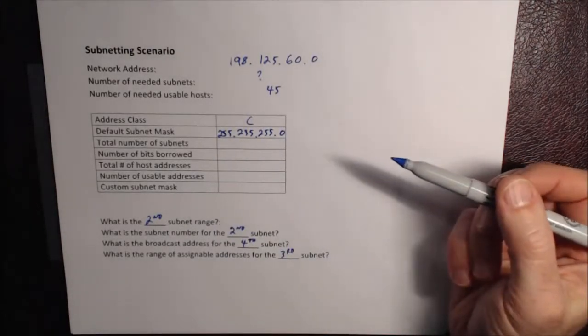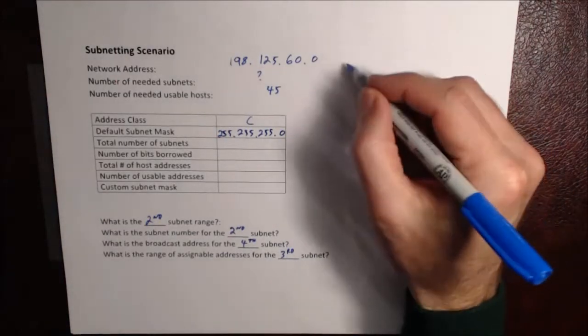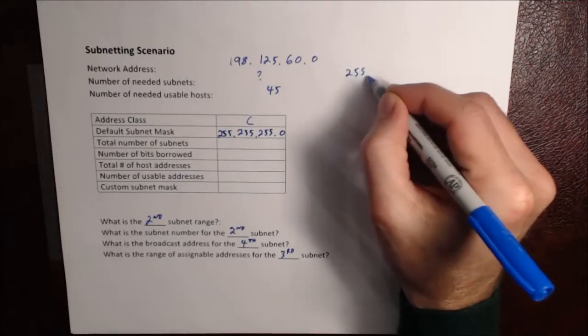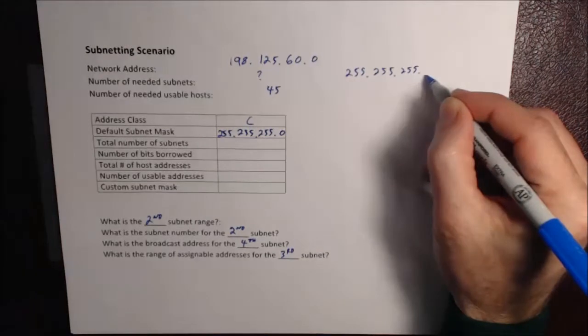So the total number of subnets. Well, we know that we're going to be dealing with just the last octet. So if we look at that, 255.255, and then let's write out the bit places.